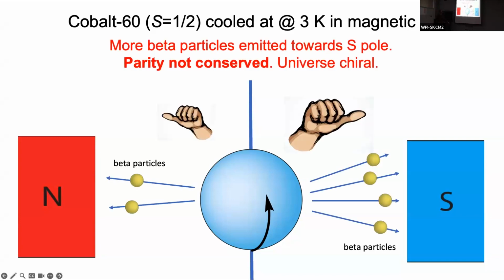Then she had two detectors, and she counted the number of beta particles that were spit out to the right side and to the left side. And she saw that more beta particles were emitted toward the south pole of her magnet. This was the historic experiment that showed that parity is not conserved and that the universe is chiral. It's a perfectly mirror symmetric experiment with a very dissymmetric outcome.